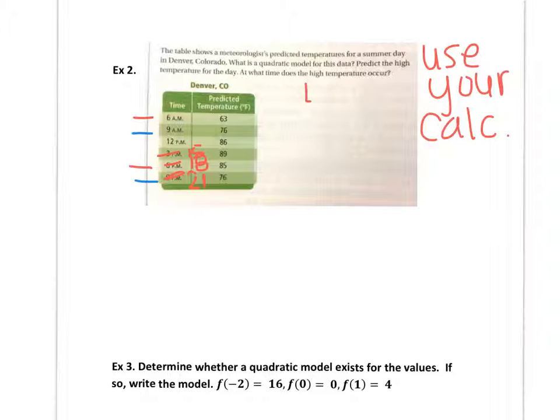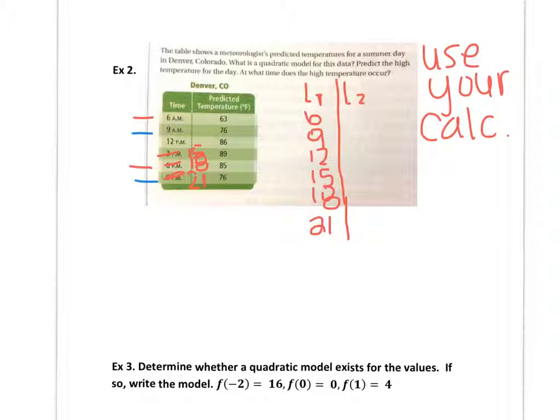So what you're going to want to do is you're going to want to go to Stat Edit. And in L1, you're going to write 6, 9, 12, 15, 18, 21. Now, technically, you only need 3 of those values.